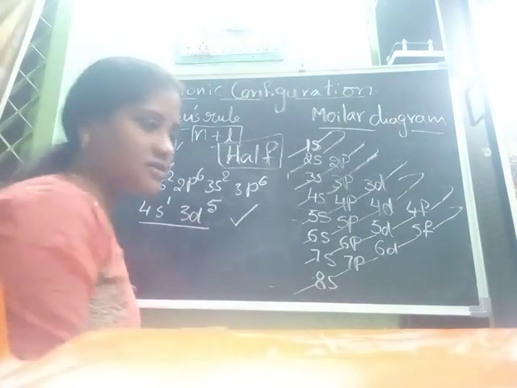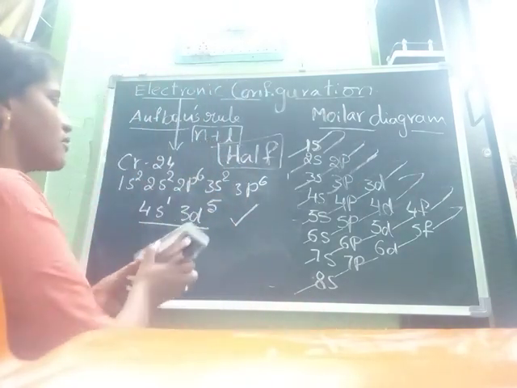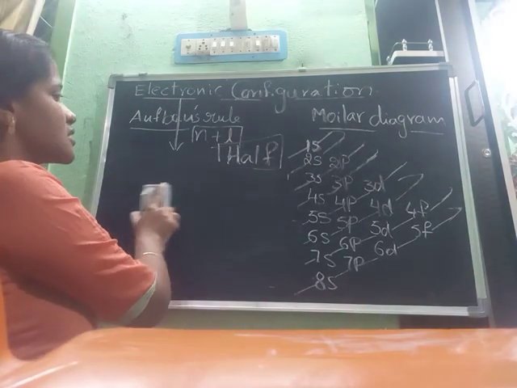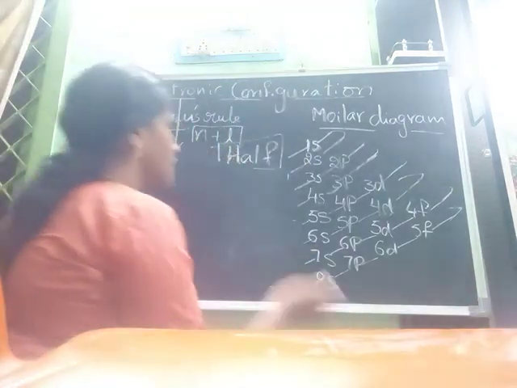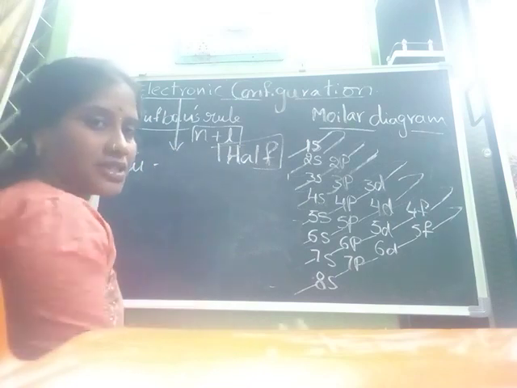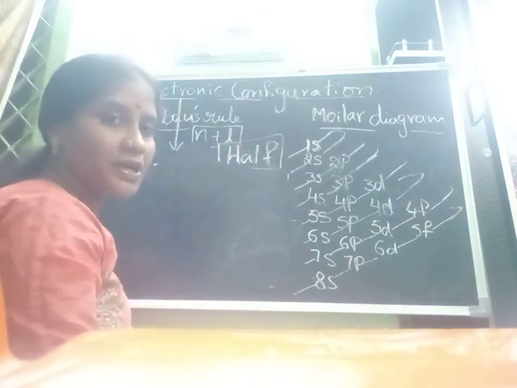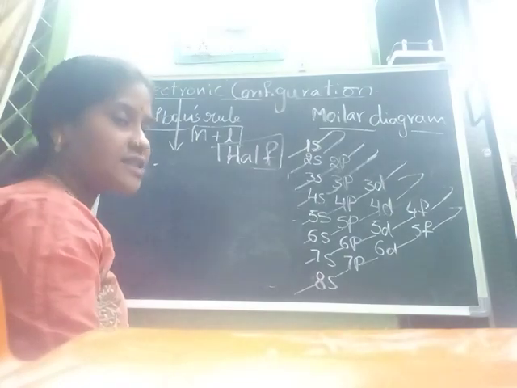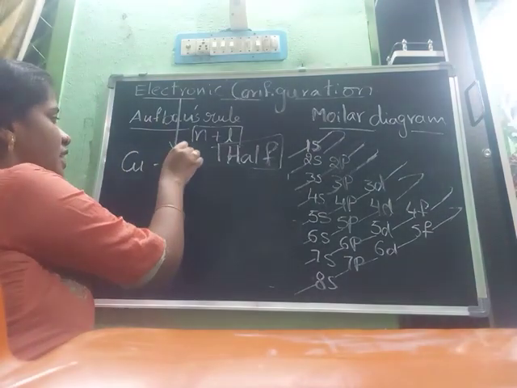Chromium next, copper also the same way. Copper atomic number? Copper symbol is Cu. It contains the Latin name cuprum.